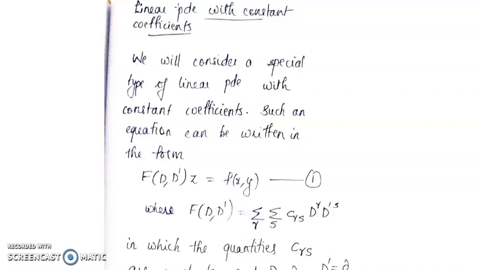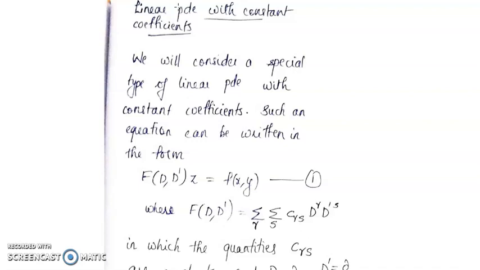By linear differential equation we mean all the derivatives occurring are of degree 1. That is, the exponent of the derivatives, when you take dy by dx, its power should be 1. Then d square y by dx square, or the nth derivative, all their exponents will be 1 in a linear differential equation. And there is no product between the derivatives.